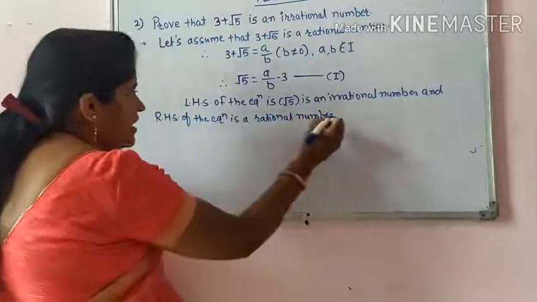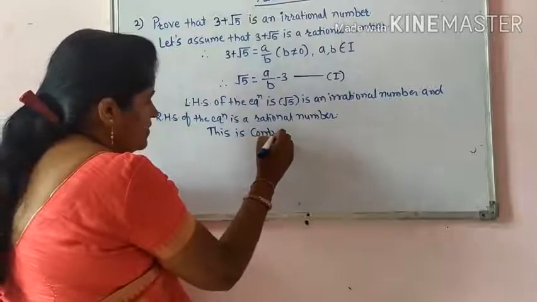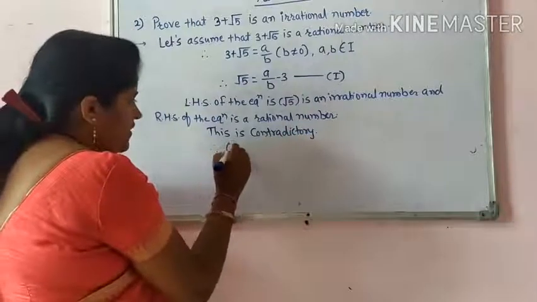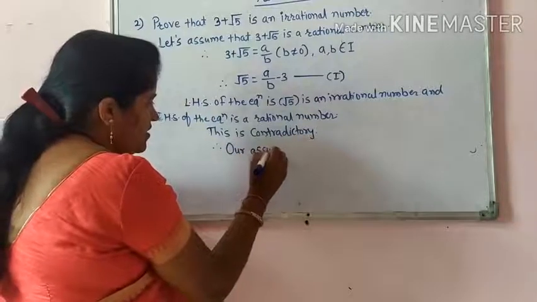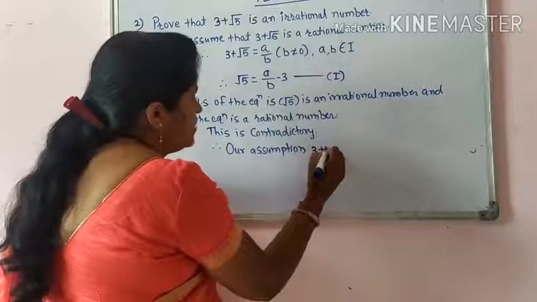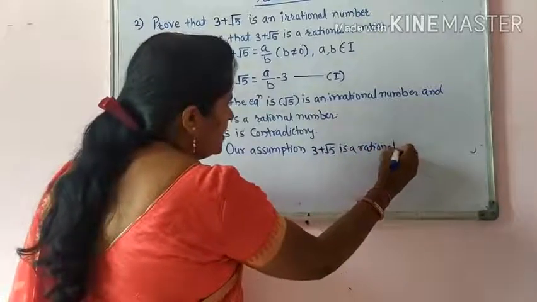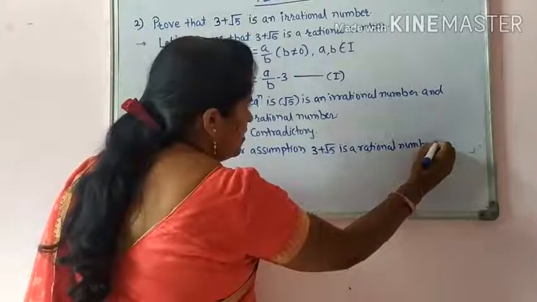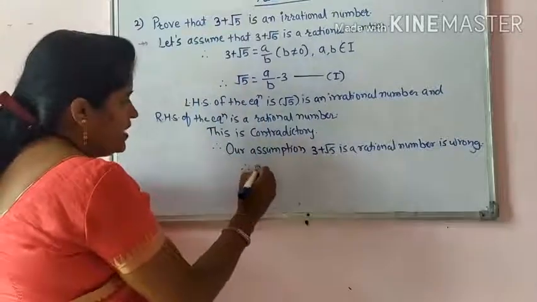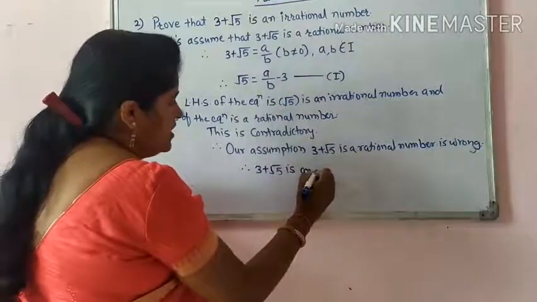So this is contradictory. Therefore, our assumption that 3 plus root 5 is a rational number is wrong. And therefore, 3 plus root 5 is an irrational number.